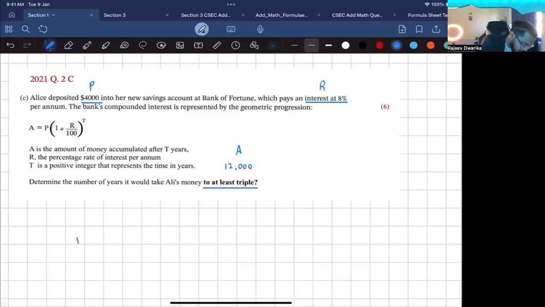That would be 12,000 equal to 4,000 times 1 plus 8 over 100, right? So what power? Do we know the time? No. Because if you read this question, what do they want us to find?